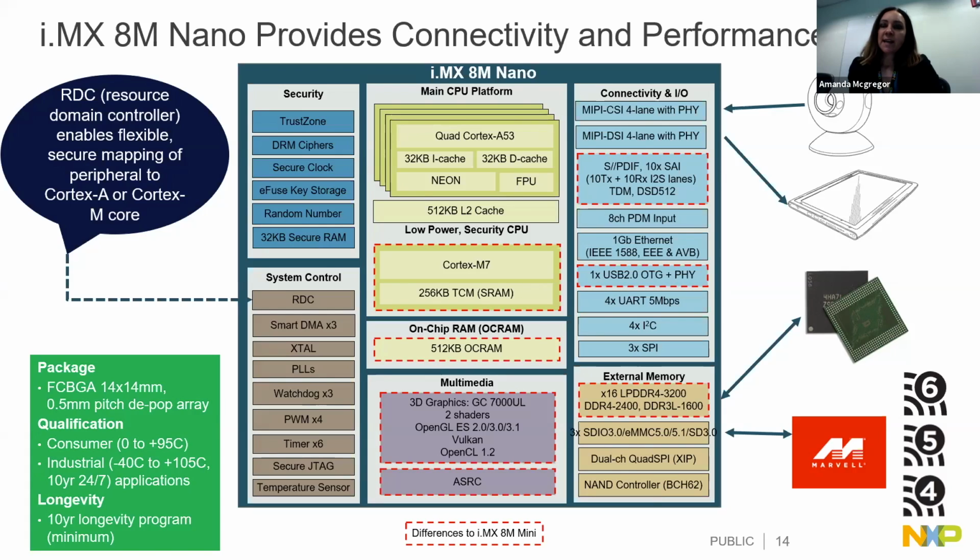Connectivity on the right-hand side. So we have the MIPI camera 4-lane with the integrated PHY. We have the MIPI DSI 4-lane with the PHY as well. We have a pretty substantial set of audio interfaces driving more than 20 channels of audio if required, for example, a multi-channel audio application. In addition to the audio interfaces, we also have an asynchronous sample rate converter, which is new for the 8M family.